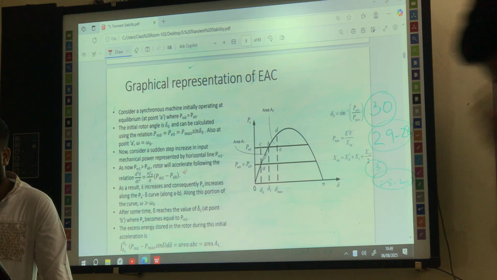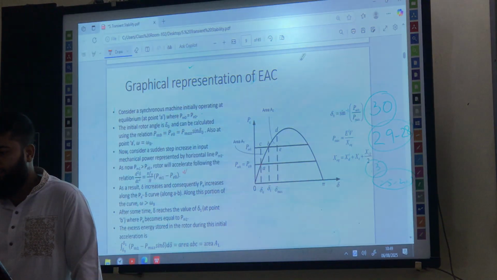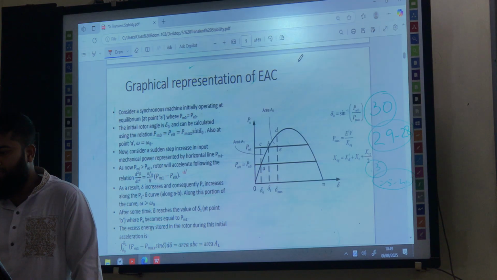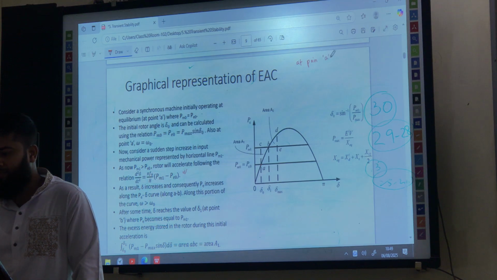So if I write the associated parameters at point A: PE0 equals PM0, right?